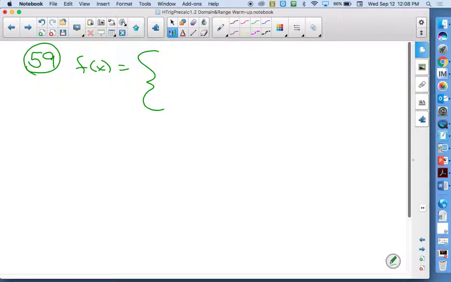So the piecewise function in number 59 says x plus 3, 3, and 2x minus 1. A piecewise function is multiple functions either graphed together to make up a function, or you can evaluate them together as a group of problems. It always gives you a specification, so we call it a constraint, a restriction, or just the domain for that line.